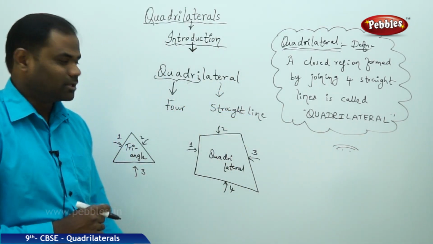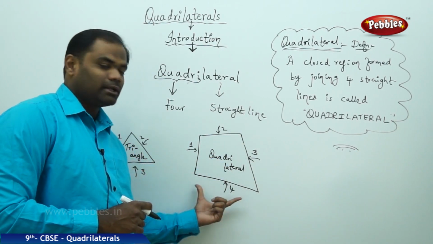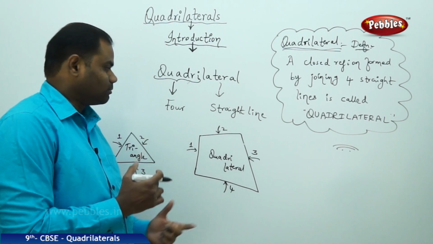The four straight lines being line 1, line 2, line 3 and line 4, closed to form a quadrilateral.